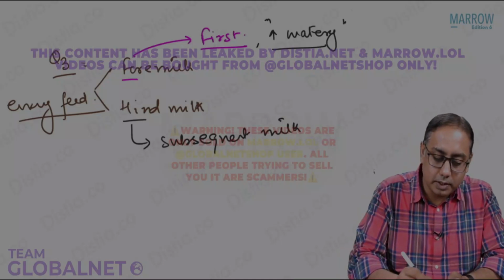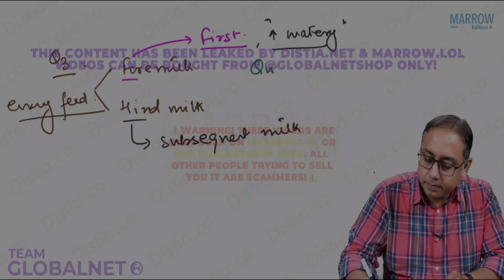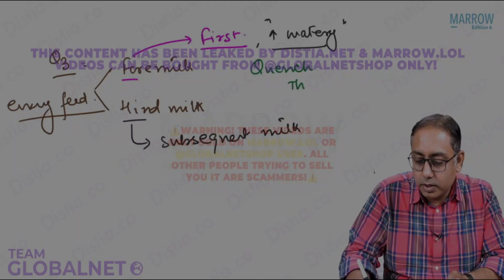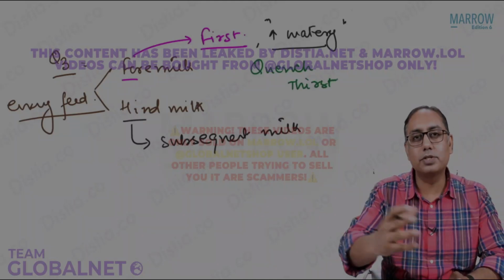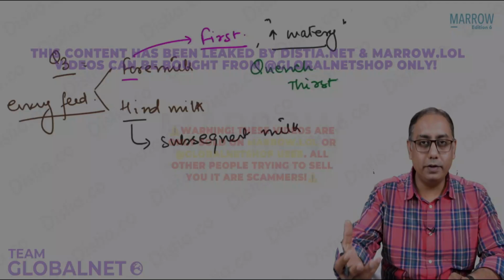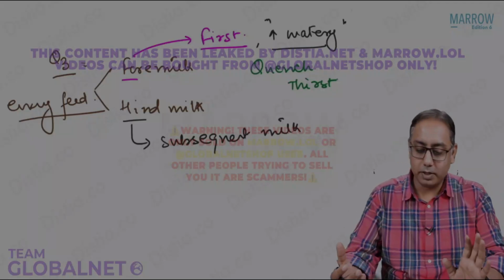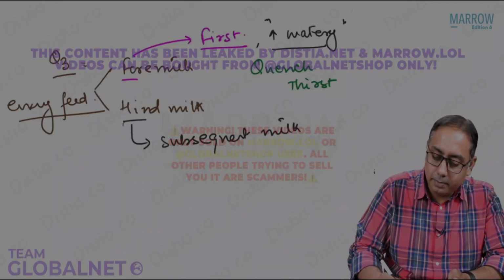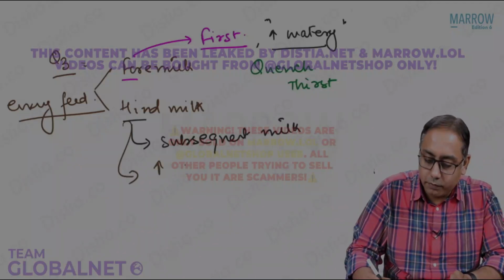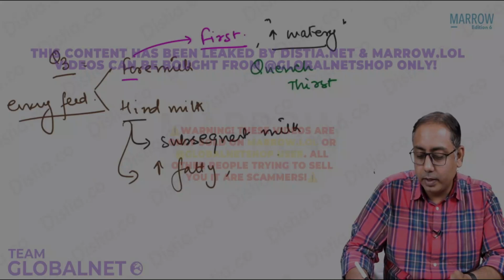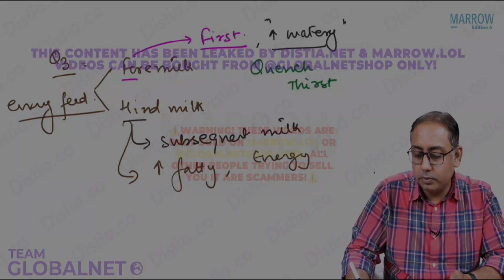It is to quench the thirst of the child. The child was crying for food or for a feed, and God has made a mechanism that first there should be the watery milk, and then there is the hind milk, which is the subsequent milk. It is more fatty, and it is to provide energy to the child.